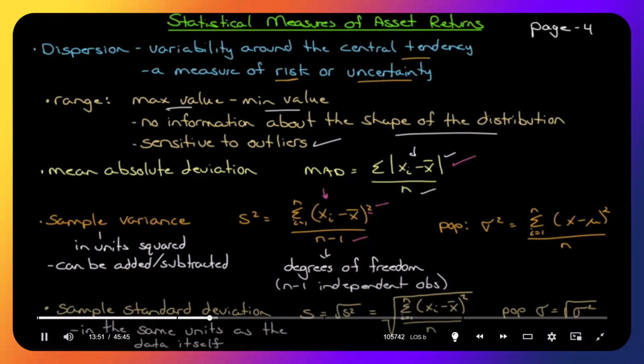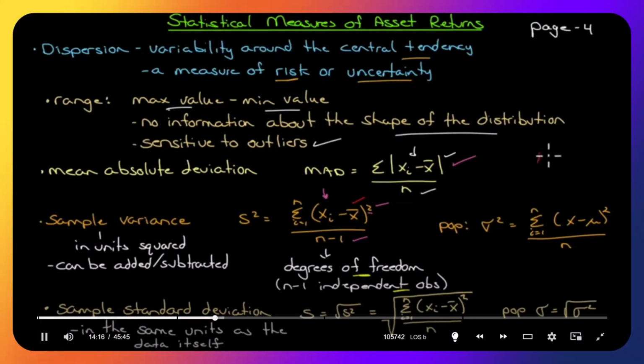This is a bit of a problem. Why are we dividing by n minus 1 and not n? The denominator is called your degrees of freedom. In other words, what it's saying is that we have n minus 1 independent observations. How do we have n minus 1 independent observations? Let's say that I give you the mean, because you have it, right? And let's say that we had 20 observations.